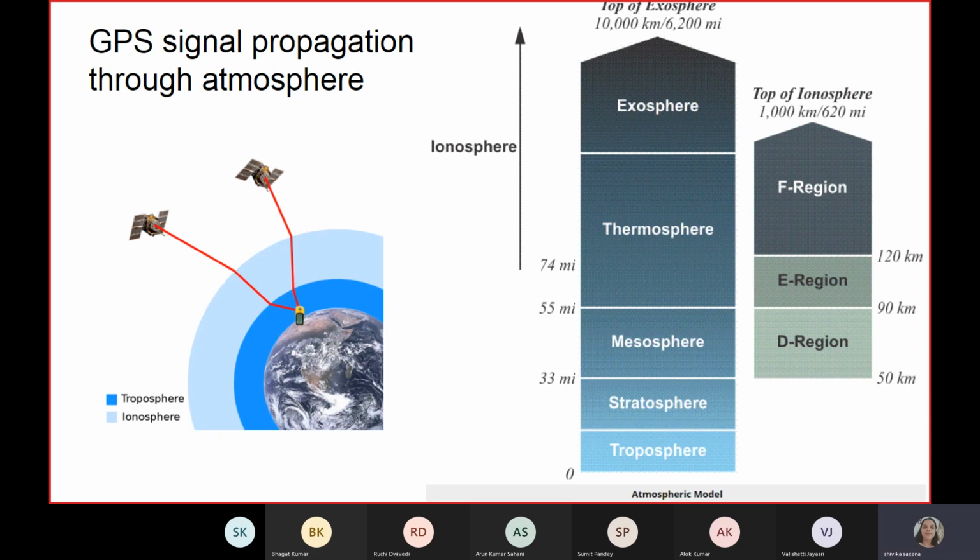You can see the division of atmosphere into two parts. Ma'am, you said that by delay we mean that this much of distance it has traveled more. When the distance between the receiver and the satellite is constant, how could it have traveled more distance? The shortest path from satellite to receiver would be the direct, straight line. But in this figure, you can see these red lines are not straight lines from the satellite to the receiver.